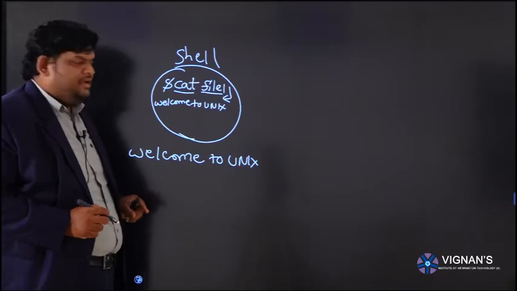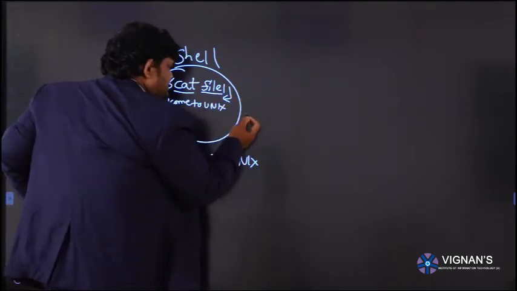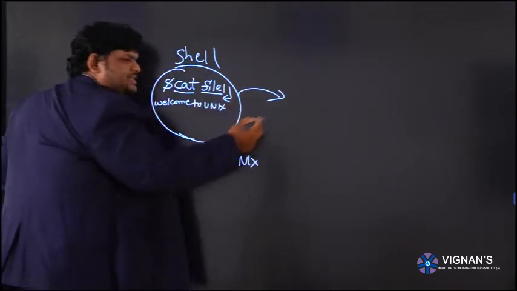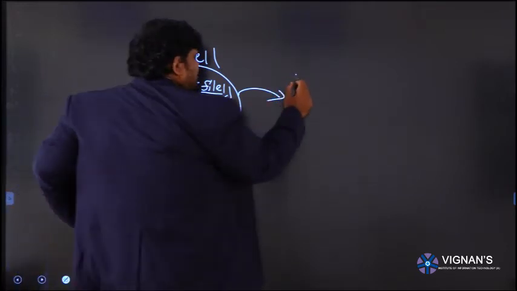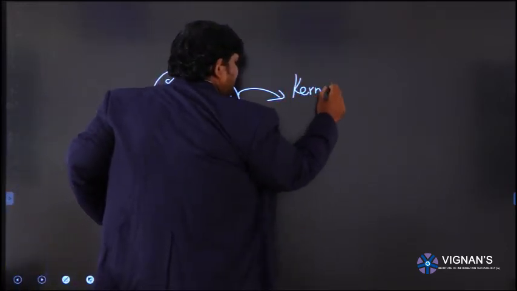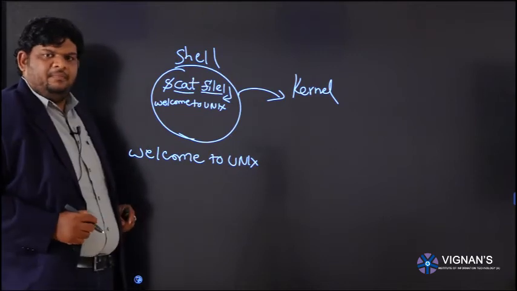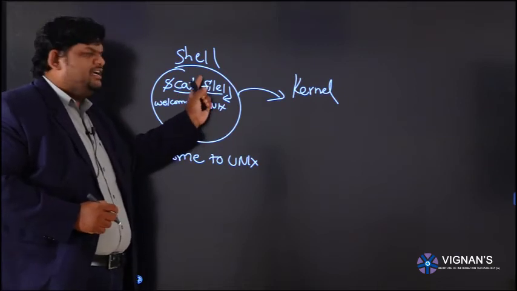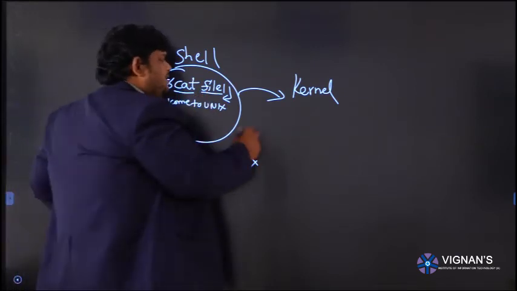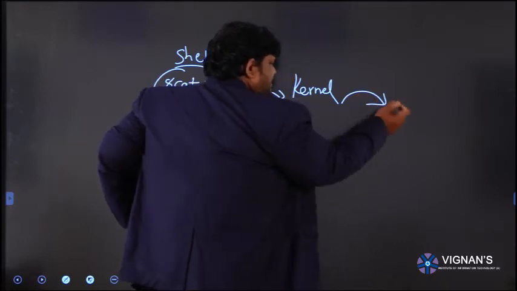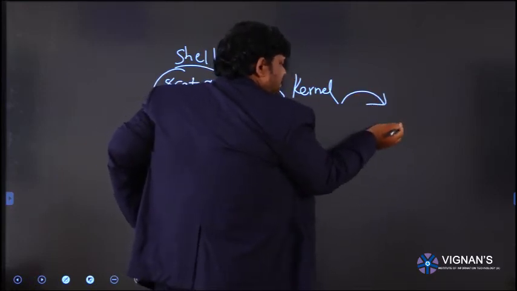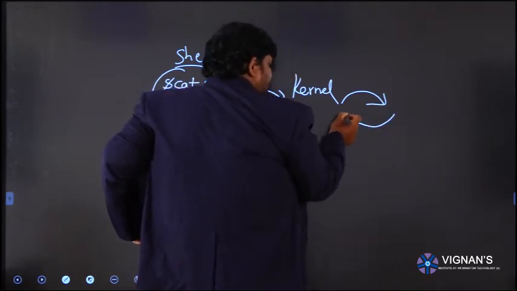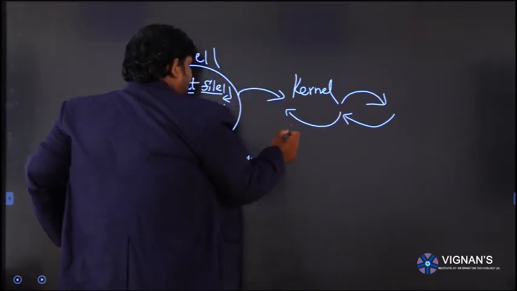In the background, it converts, and that is the meaning of interpret, into machine understandable language, and passes that information to the kernel. Now the kernel understands what the shell wants: the content present in file1. The kernel asks the respective hardware, like a memory device, wherever that file is present. It takes that output and sends it to the shell.